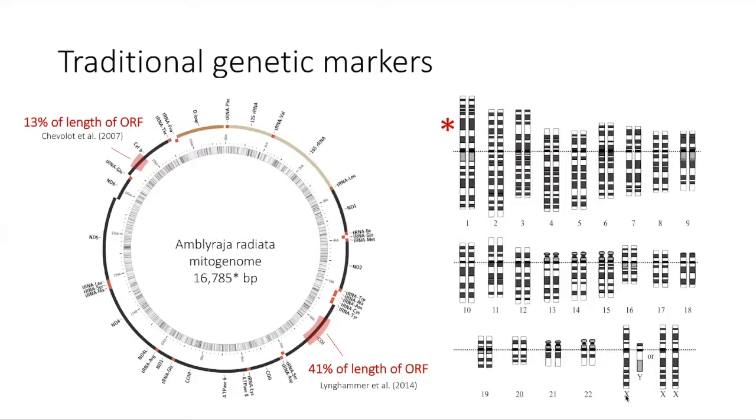These typically include studies that have relied upon analyzing one or a small number of genes or even gene fragments from throughout the genome. For example, previous studies of the Thorny skate have analyzed fragments of the mitochondrial cytochrome B gene and the cytochrome oxidase 1 gene from the mitochondrial genome. Similarly, other studies that you may have seen in the literature have focused on one or a small number of fragments sampled from throughout the entire nuclear genome.